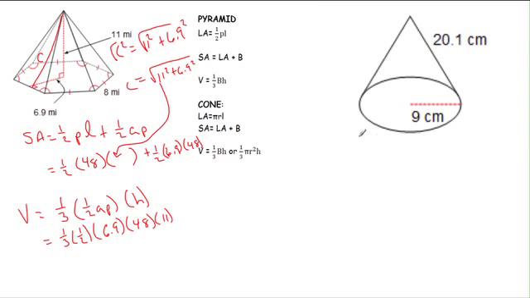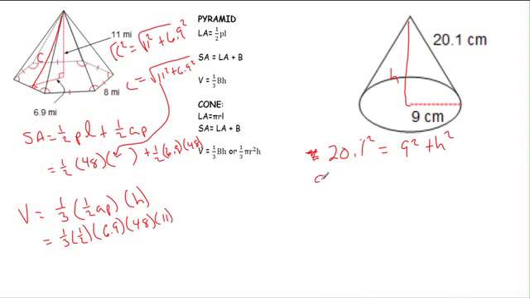All right, same thing here. We got all the same thing. You'd have to find the height for the volume here. So this would be C, and the height would be, let's see, H. So we would do 20.1 squared equals 9 squared plus H squared.